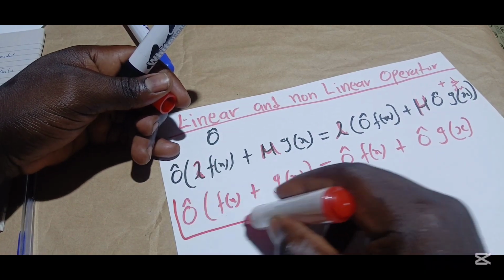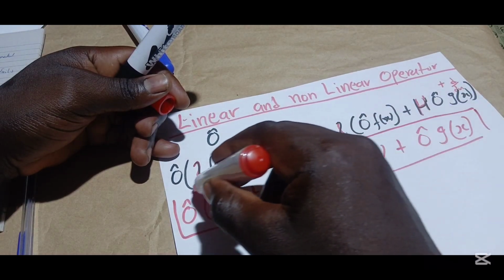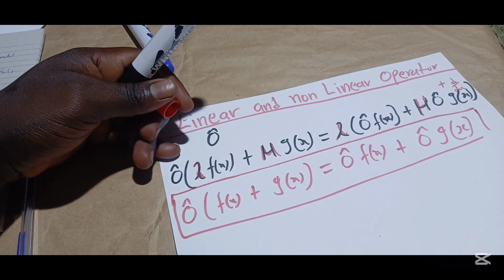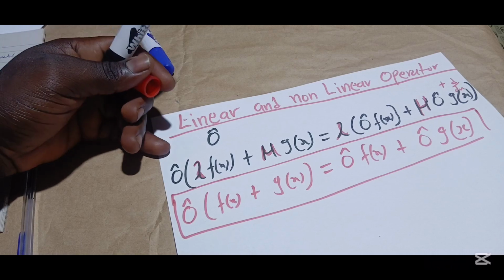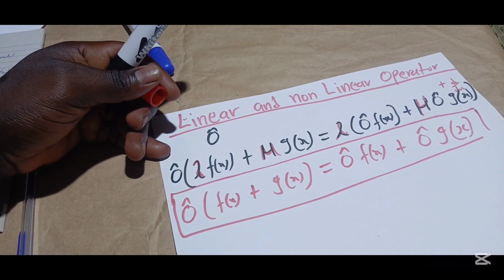So for an operator to be linear, it should obey this formula. That is one of the formulas that you should obey if indeed it is a linear operator. We'll look at examples very soon.